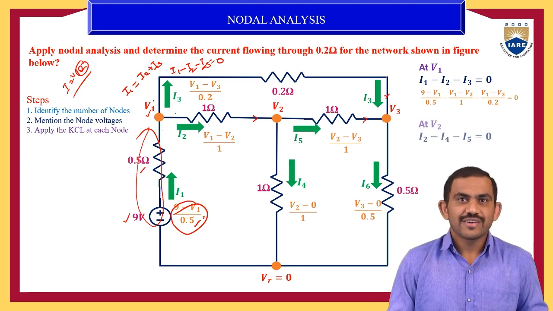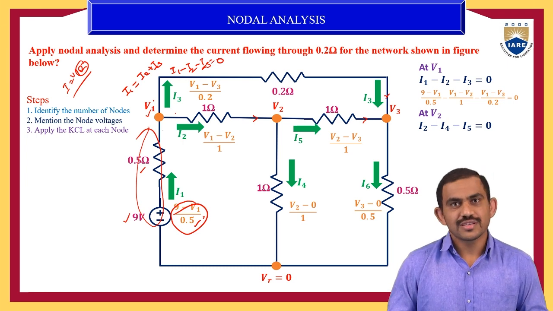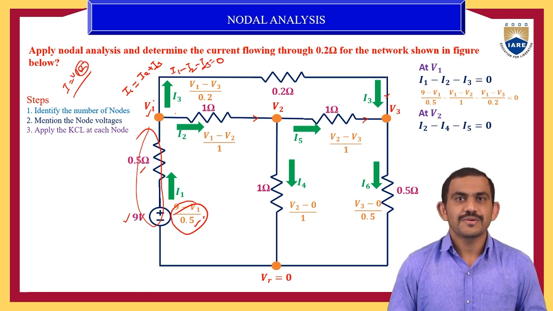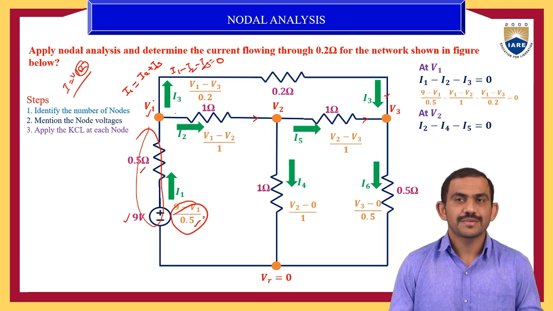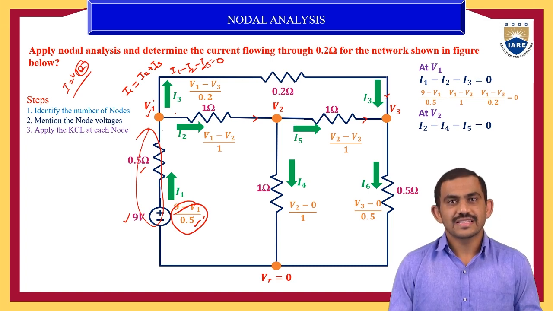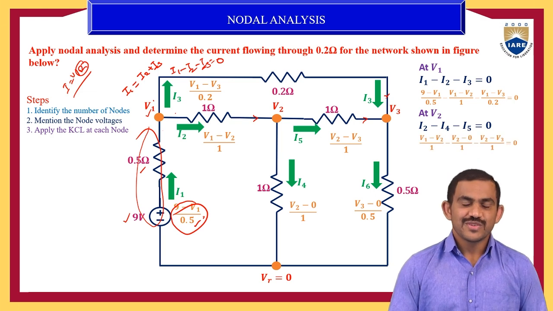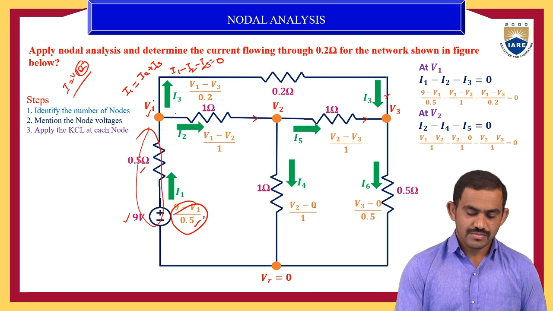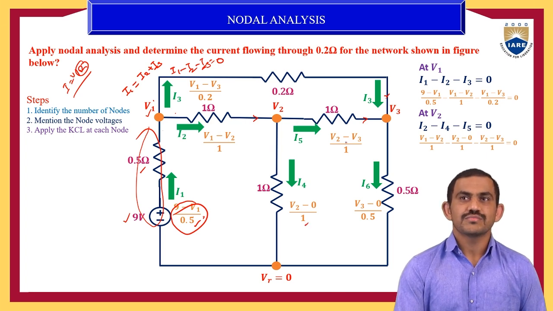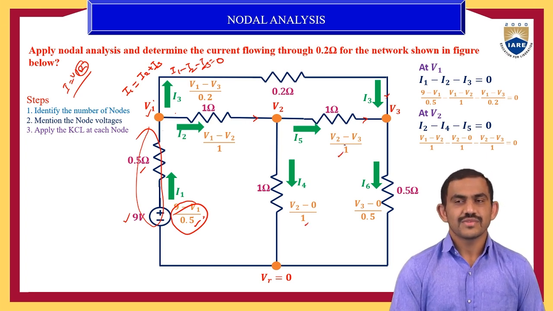At V2, I2 is the only incoming current, and the remaining two, I5 and I4, are both outgoing. So I2 minus I4 minus I5 equals 0. This is the equation at V2. Just substitute the I2, I4 and I5 values. Then we get V1 minus V2 by 1, minus V2 minus 0 by 1, minus V2 minus V3 by 1, equals 0 at the V2 node.